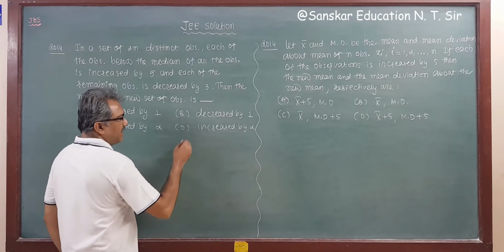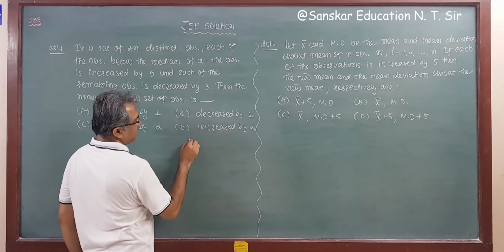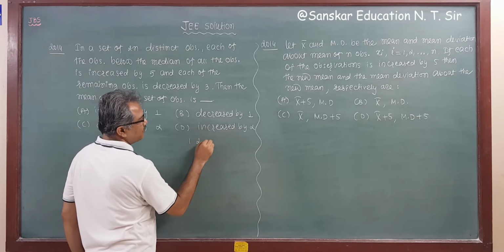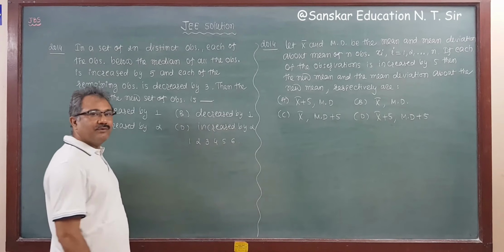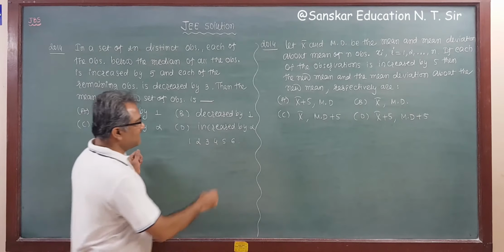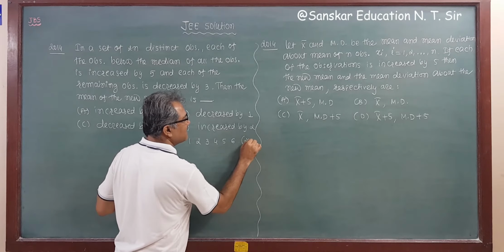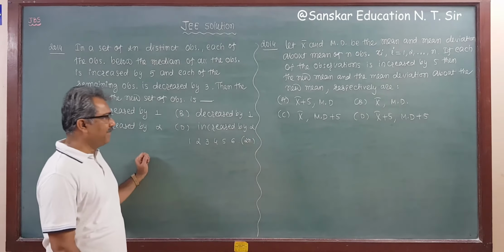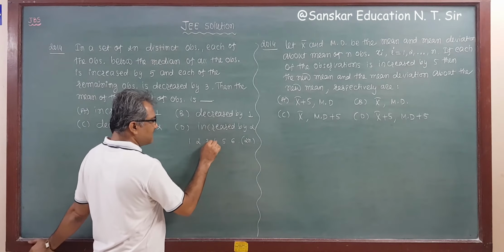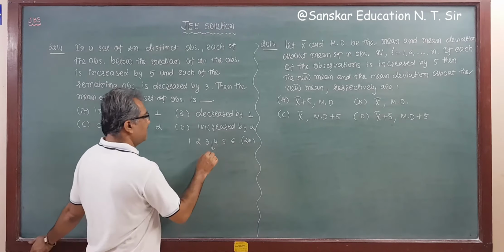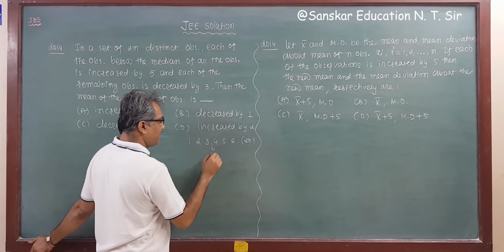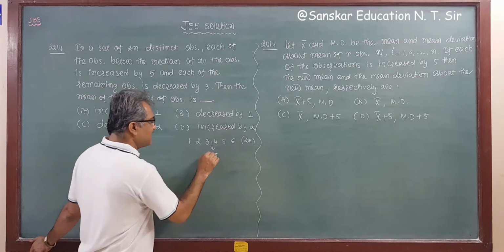Suppose we have 6 observations: 1, 2, 3, 4, 5 and 6. This is 2n observations. Then the median is between observations 3 and 4, that is 3.5.